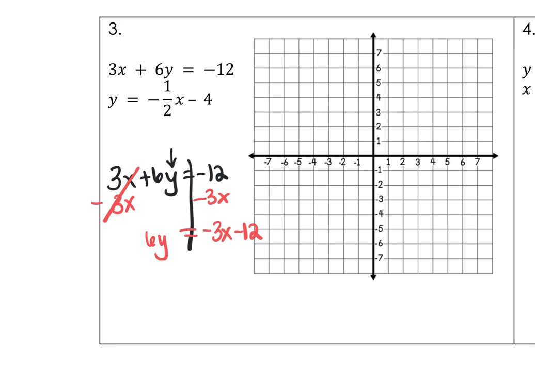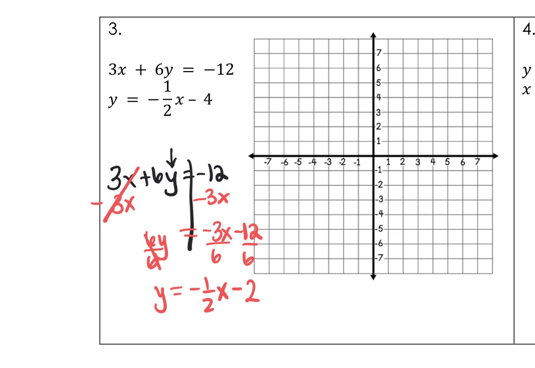Since they're being multiplied, I'm going to divide. And when I divide everything, I've got y is equal to -3 divided by 6, which is going to be, very good, -1/2 x. And then when I do -12 divided by 6, I get, awesome, good job.